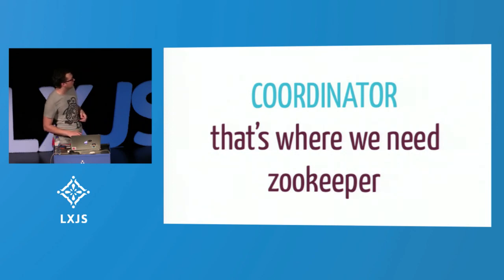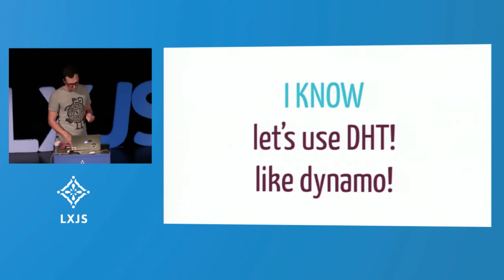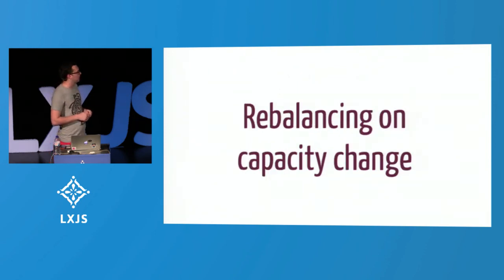Personally, I don't like Zookeeper, so maybe we'll replace it with something better. So the first try was DHT, like Amazon Dynamo, because you know all the cool kids do this. But no, that was a bad idea because of rebalancing on capacity change.